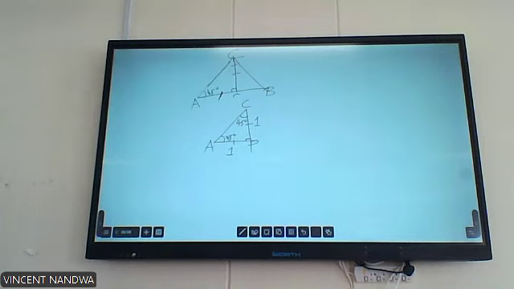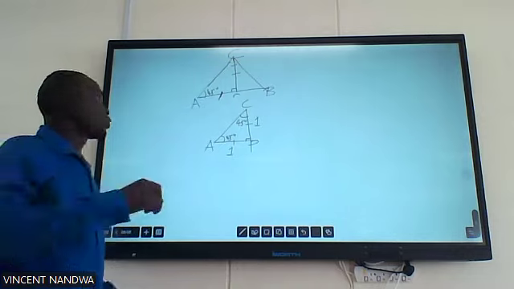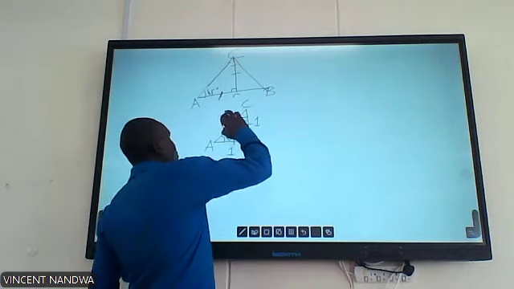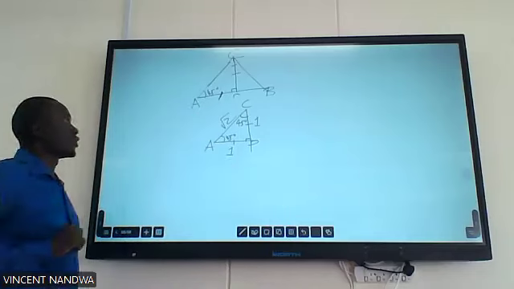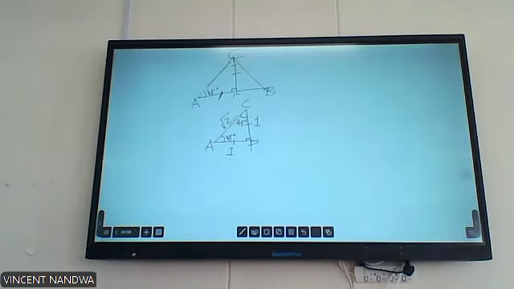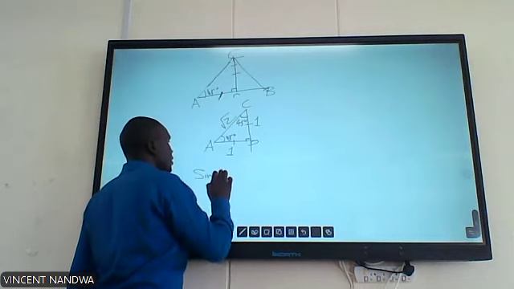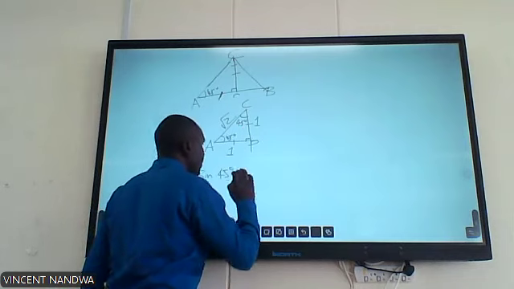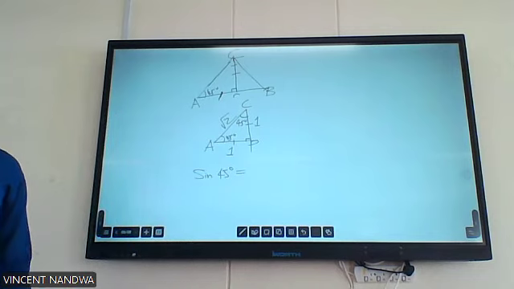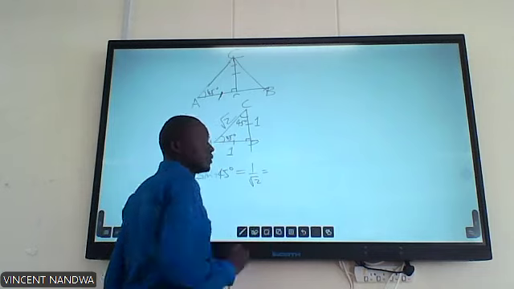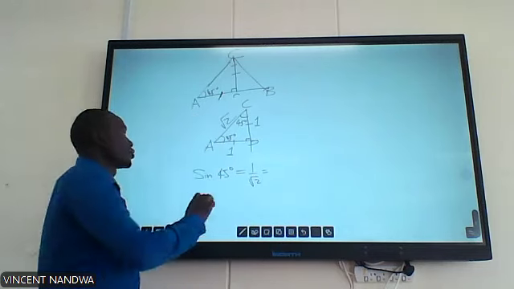So now sine of 45 degrees is 1 over root 2, the same as root 2 over 2.